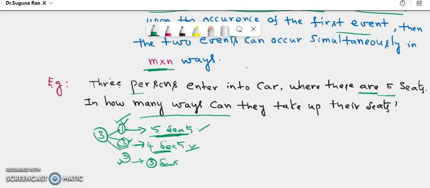The required number of ways in which all these persons can sit is, by using the product rule, 5 into 4 into 3, which equals 60 ways. So these 3 persons can take up their seats in 60 ways. This is the problem on the product rule. Thank you.